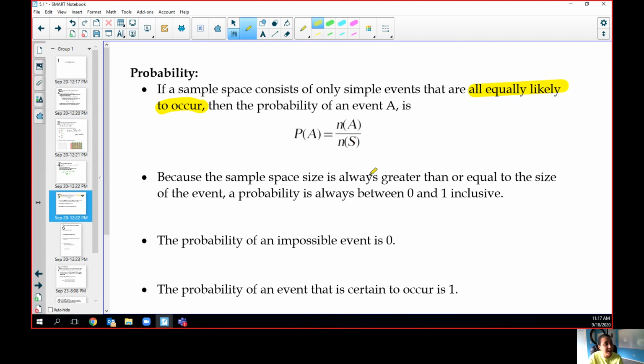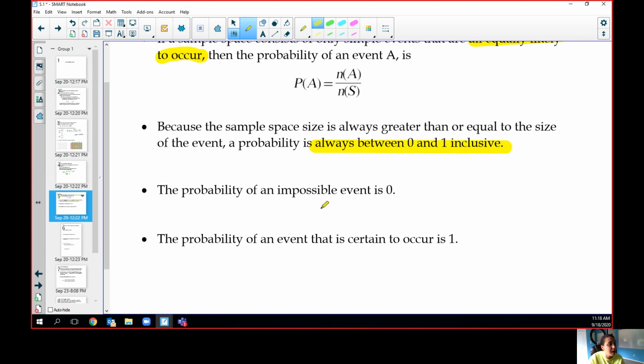Because the sample space size is always greater than or equal to the size of the event, the probability is always going to be between 0 and 1 inclusively.